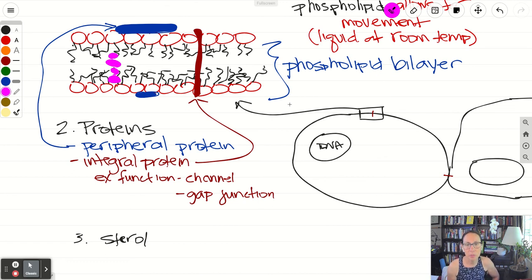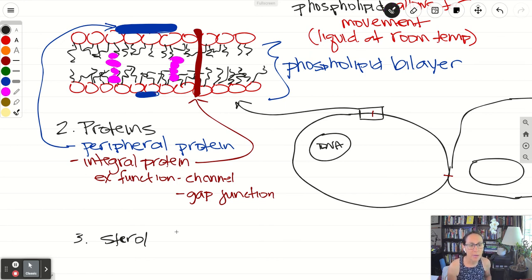I already told you that the unsaturated fatty acid tails kick out and put some space in between the phospholipids, which allows for movement, but sterols also do this. So you'll find sterols on the inside, which just makes some room so that the lipids can move. It keeps it a liquid, keeps it an oil.